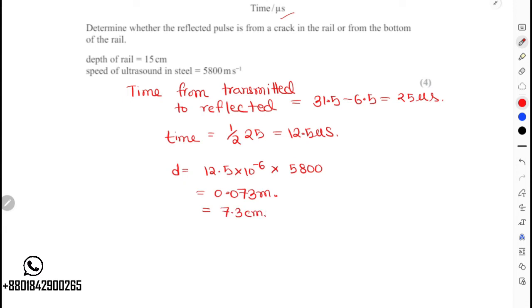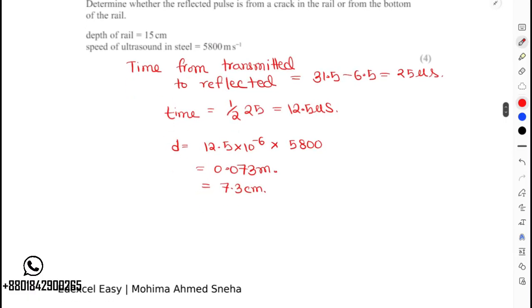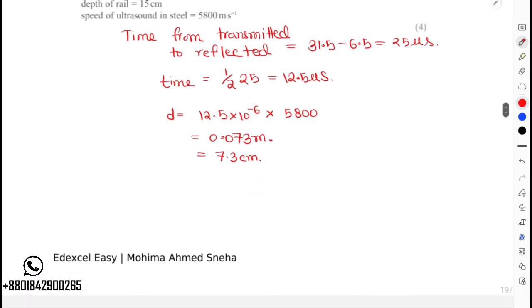This is not 15 centimeters. The actual depth of the rail was 15 centimeters, so this ultrasound was only reflected from a depth of 7 centimeters from the top surface. That means obviously there is a crack here, right? It never reached the bottom of the rail. It reached the crack. So the reflection is from a crack and it never reached the bottom of the rail.